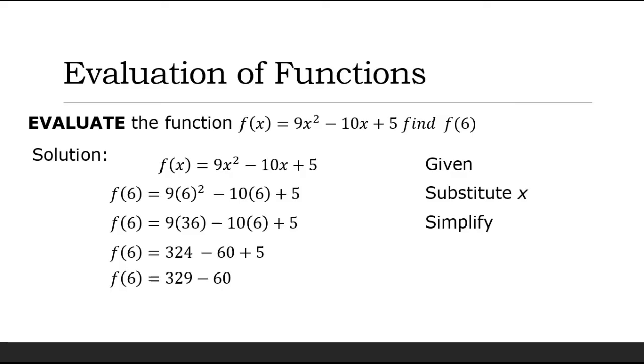So, since 324 and 5 are positive numbers, then I will combine them first. 324 plus 5 is 329. And then, 329 minus 60. And that is 269. So, our f of 6 is 269.